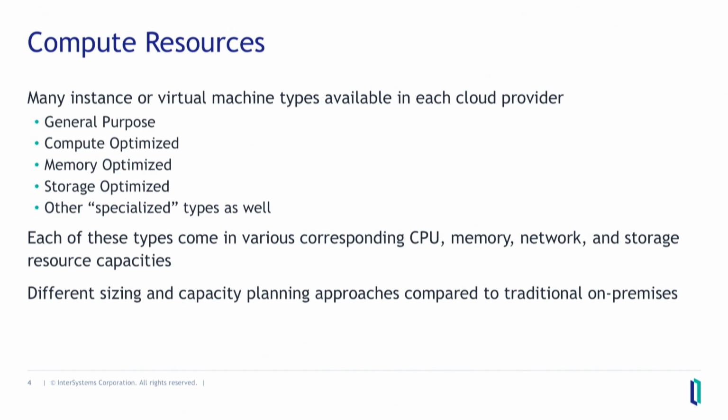There are various combinations of CPU, memory, and it really depends on what your application requirements are and what the specific roles are. So if you're talking a database server versus an app server versus a web server, your resource requirements are going to vary significantly. But the really cool thing about it, going back to that convenience, it really is just a click away to change from one instance type to another, so on and so forth.